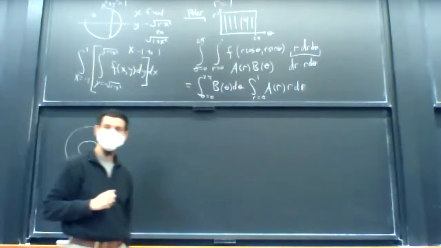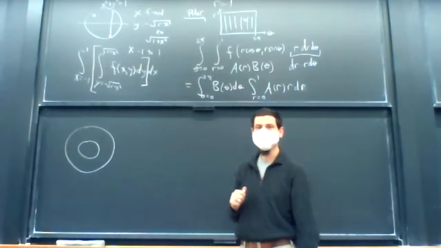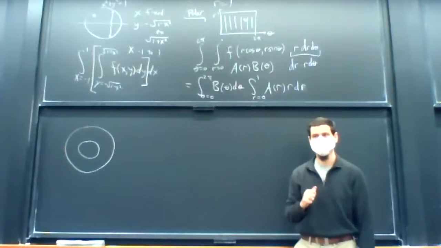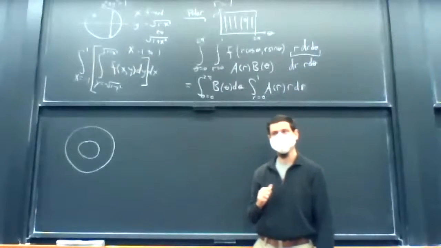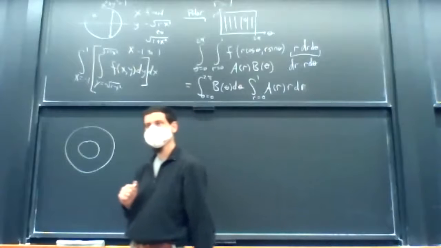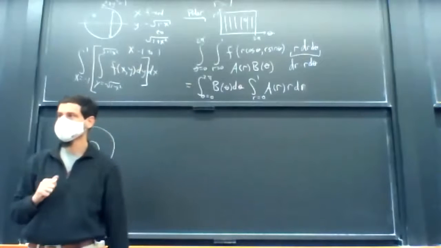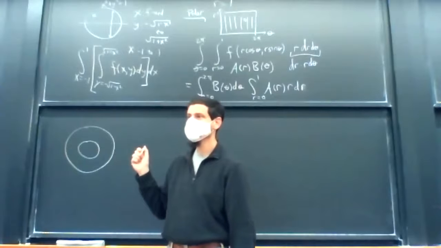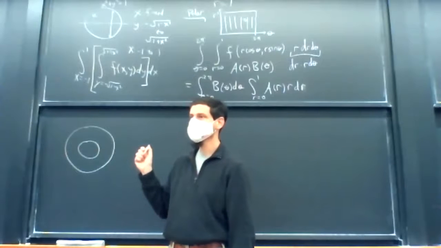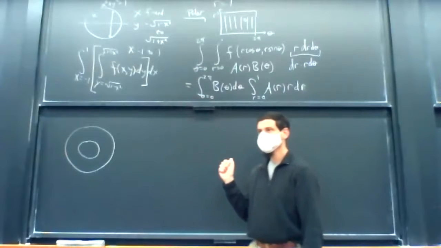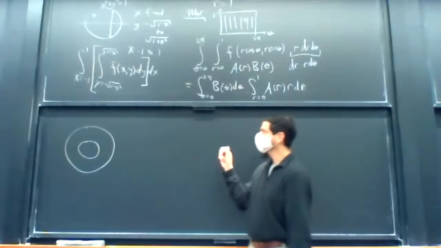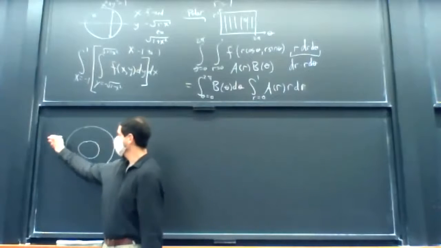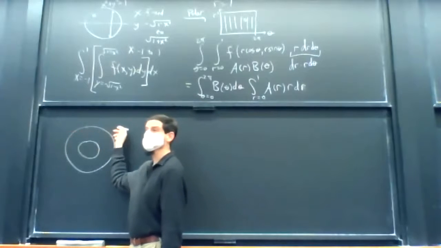So is a donut a horizontally simple region? Can somebody tell me what a horizontally simple region is? Good. So a horizontally simple region is you enter the region, you stay in, and then you leave it.